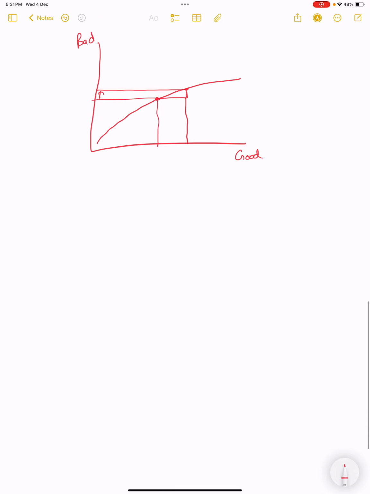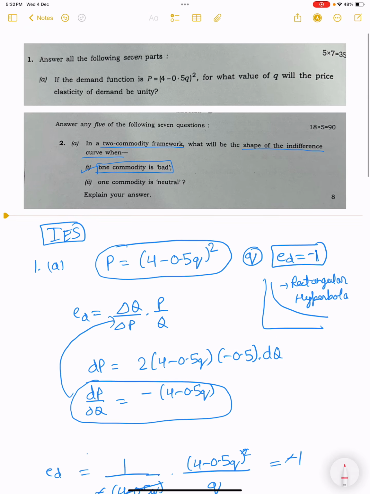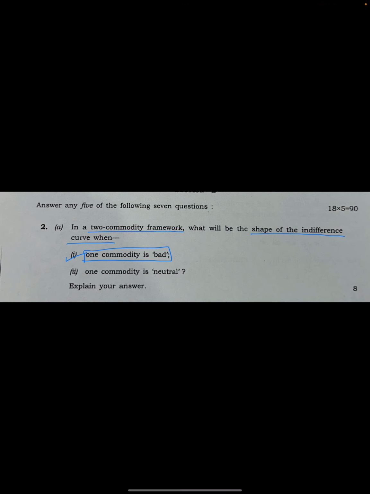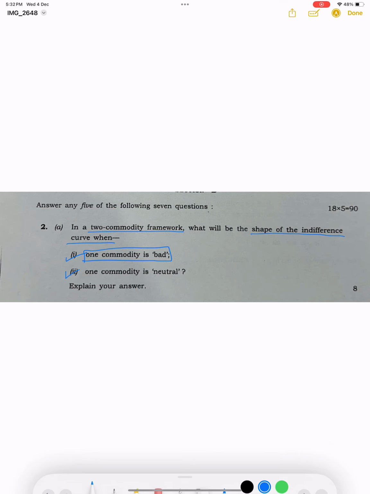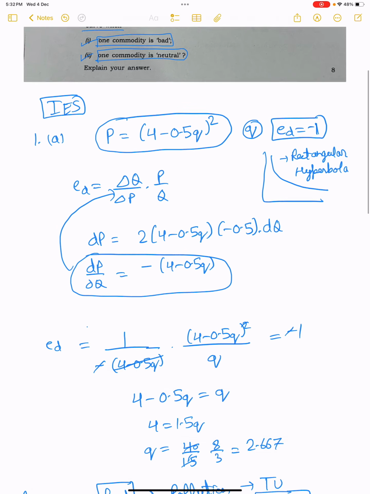Now the B part. In this case we are supposed to draw when one commodity is neutral. What does a neutral commodity mean? Basically you are indifferent between consuming that thing or not.